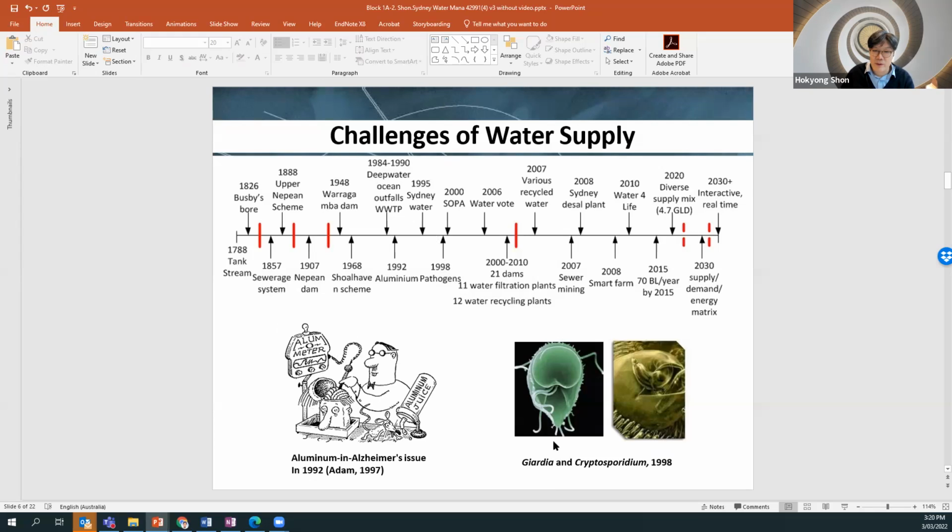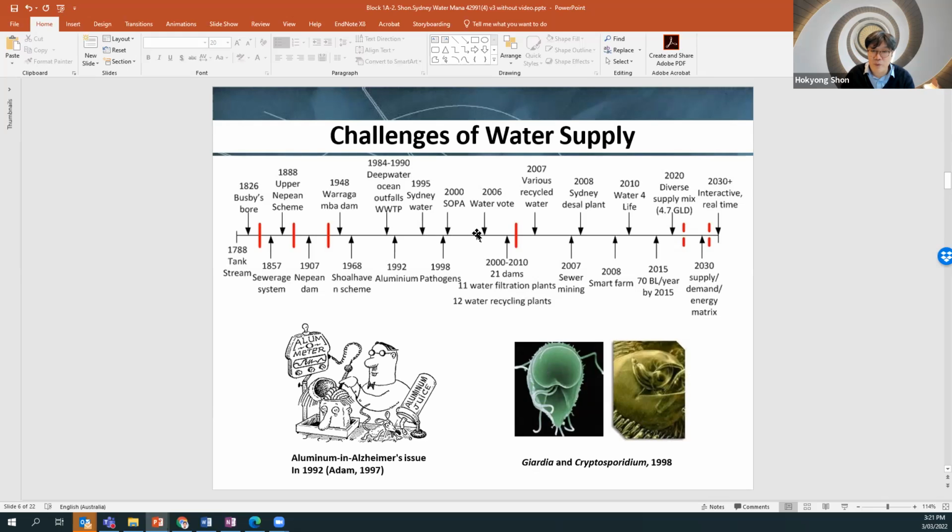Also pathogens: we had a Giardia and Cryptosporidium issue in 1998. For almost several months we had boiled water notices, so people tried to avoid this kind of pathogen. Several people died, especially elderly people, because they have a low immune system. This pathogen affects weak people. So that happened in 1998.